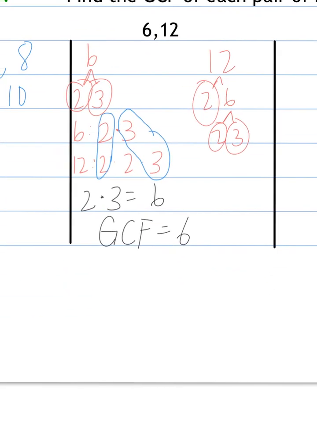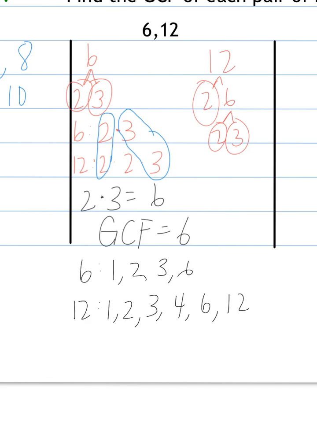Okay, we can do a quick check the other way as well, listing the factors. 6: 1, 2, 3, 6. 12: 1, 2, 3, 4, 6, and 12. So our greatest common factor, again, would be 6. Whichever way you do it, it gives you the same answer.